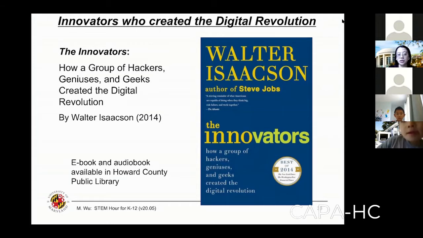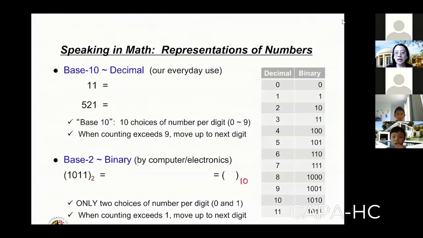And in this book, he shows over 100 years how technology evolved and what the important moments were, how groups of geniuses, including a number of women, inspiring girls to be also in the STEM areas together with the boys, and how many of them in the past, as geniuses, as geeks, as hackers, created this digital revolution. And you can find the ebook and audiobook in the county's public library.